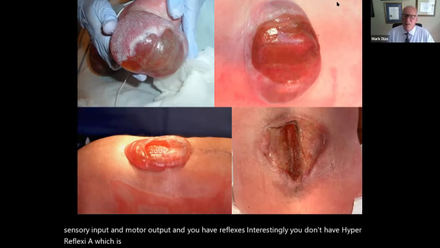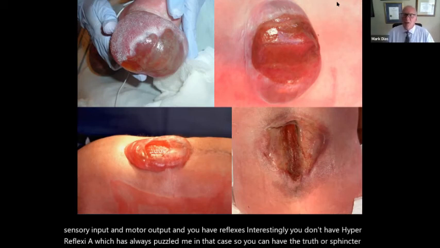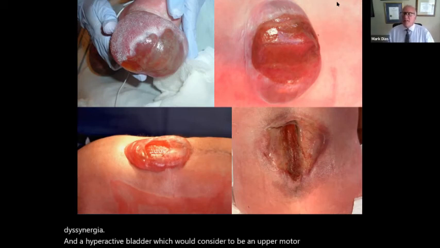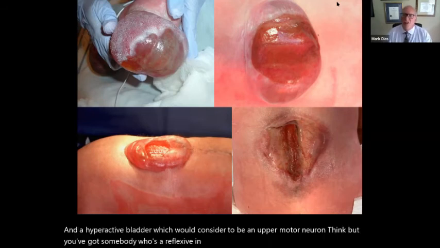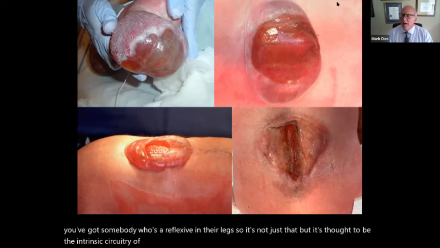So you can have detrusor sphincter dyssynergia and a hyperactive bladder, which we consider to be an upper motor neuron thing, but you've got somebody who's areflexic in their leg. So it's not just that, but it's thought to be the intrinsic circuitry of the cord and the connections from more cranial to the placode that are at fault.